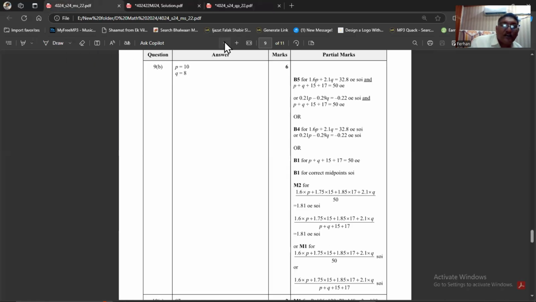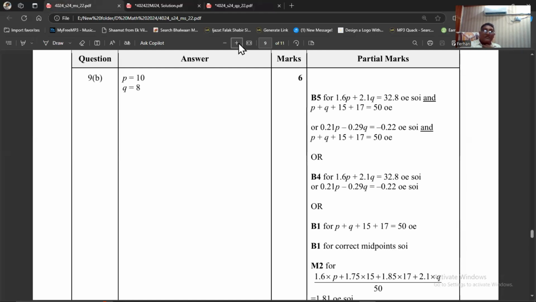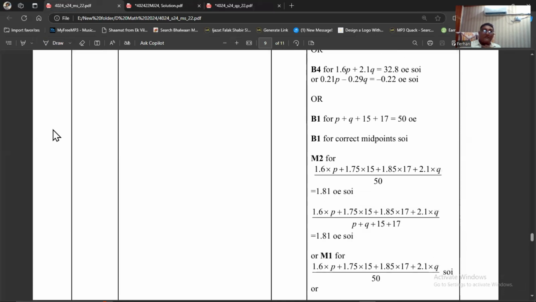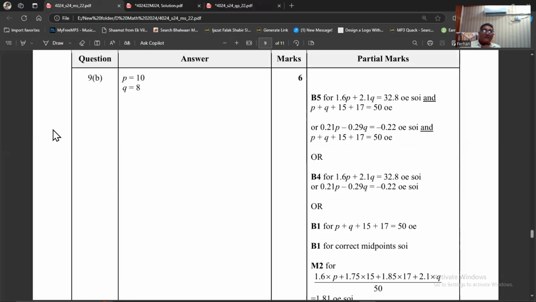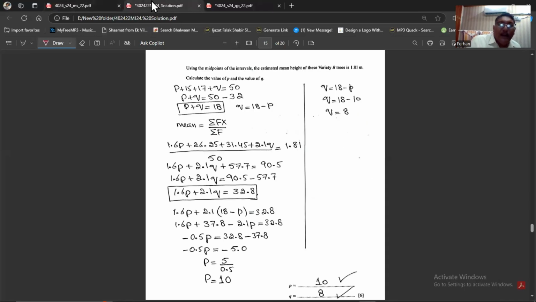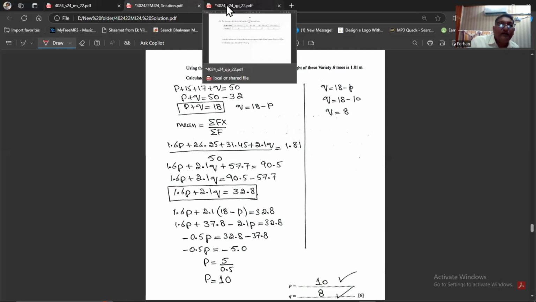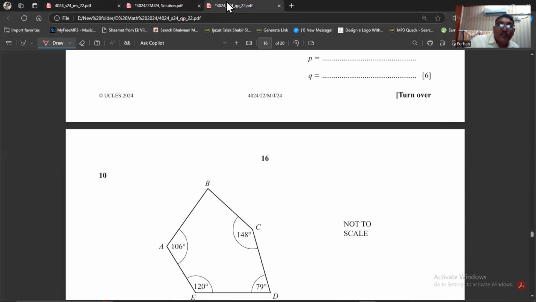So the P value is 10, the Q value is 8. I hope you understand this is the solution, and here it's a 6 marks question, a huge question.